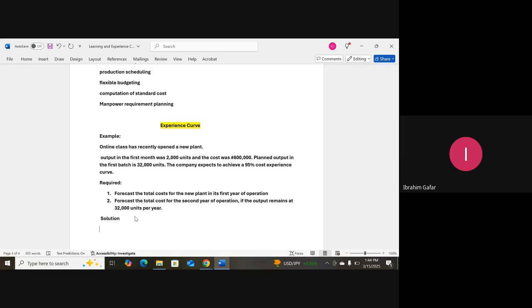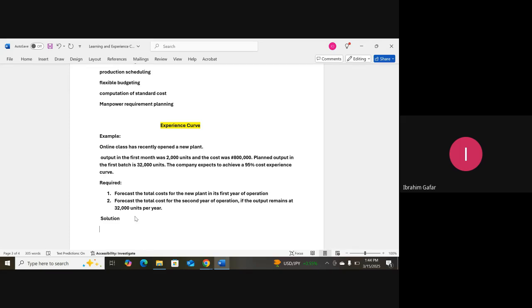Good. Okay. No problem. So now, given a question like this, that we want to forecast the total cost for the new plant in the first year of operation, what we are going to do is calculate the CAT.